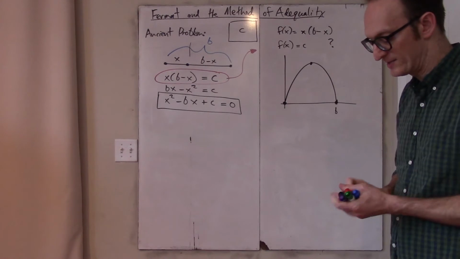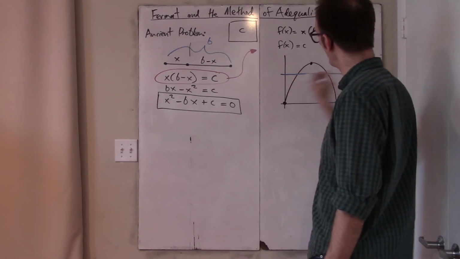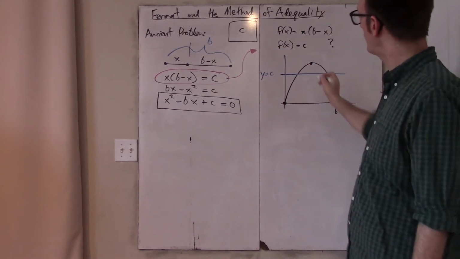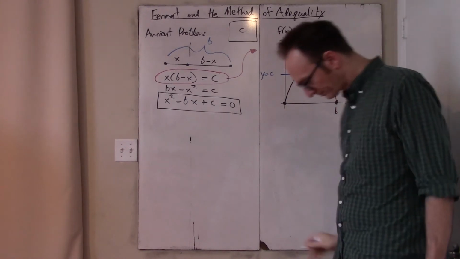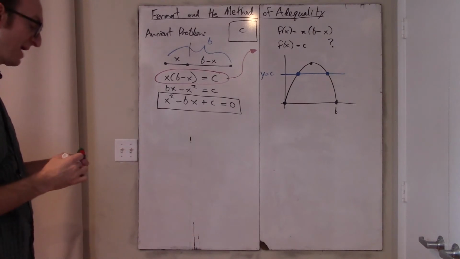This is the part that I explained very, very poorly in class, and hopefully I'm explaining it better now. Take this line, y equals c, and I can conceive of what I'm doing as finding the intersections of this line with this parabola.